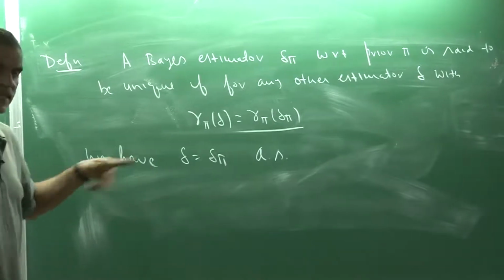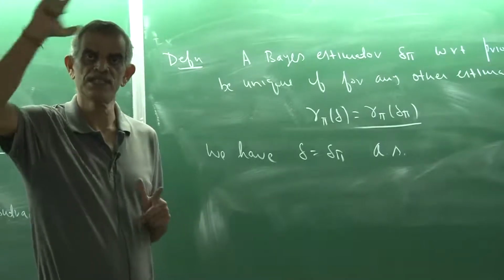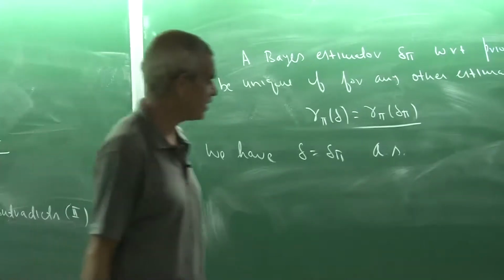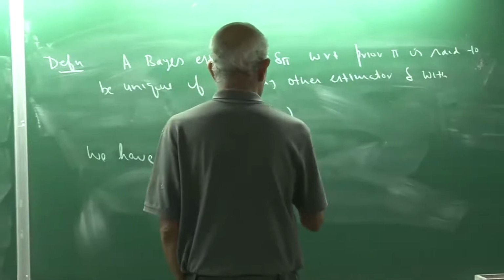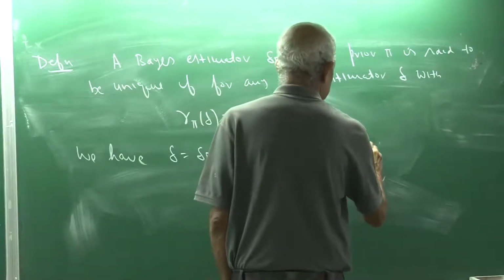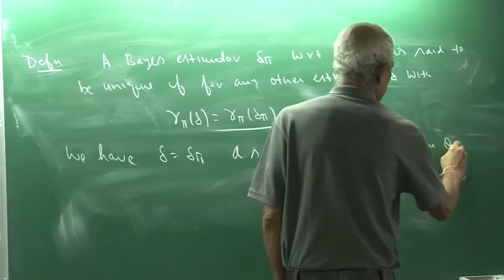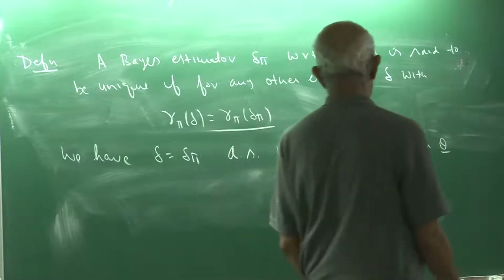Now when I say almost surely, there has to be a distribution. The distribution has to be the frequentist distribution, which is the conditional distribution of x given theta, almost surely with respect to the distribution of x given theta for every theta.